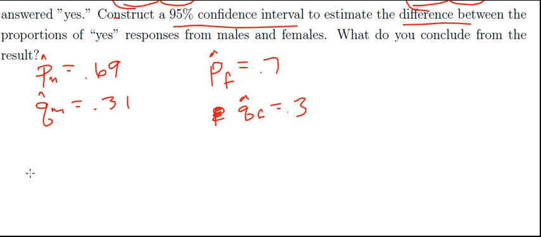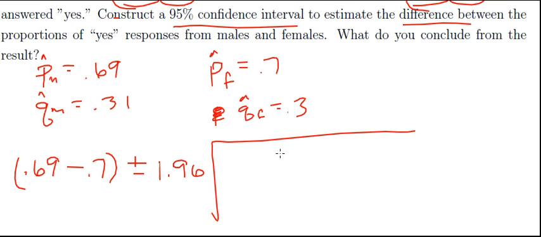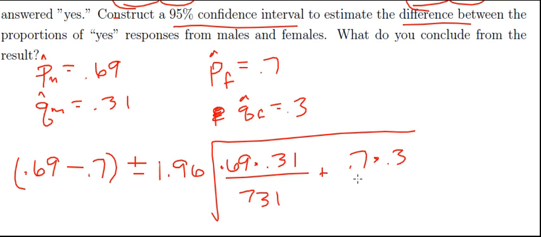Our confidence interval is going to be 0.69 minus 0.7 plus or minus 1.96 because it's 95%, and we have 0.69 times 0.31 divided by our sample size for the males, 731, plus 0.7 times 0.3 divided by our sample size for the females, which was 770.